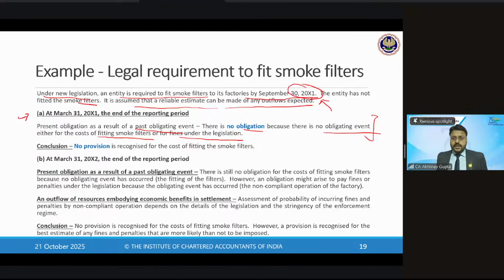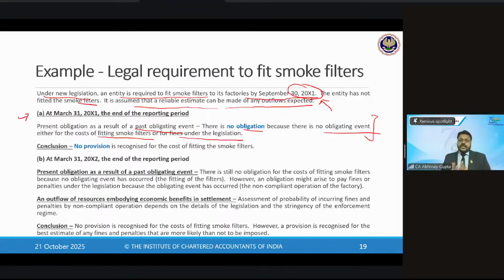Yes. Now, even if there is no requirement under the law, the cost of the smoke filters is also not required to be accrued, right? Because the company has not initiated any action on getting the smoke filters fitted, correct? Correct.